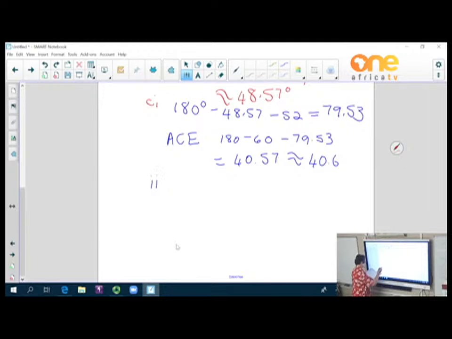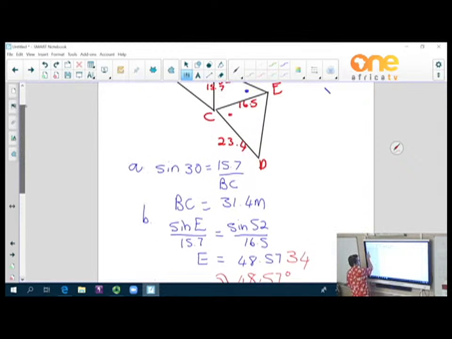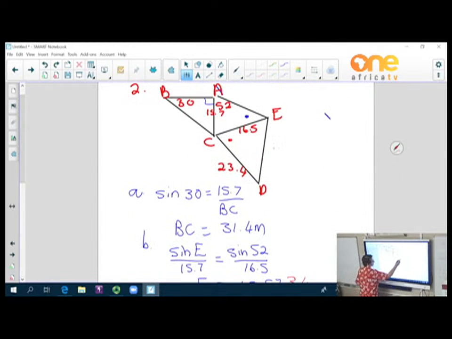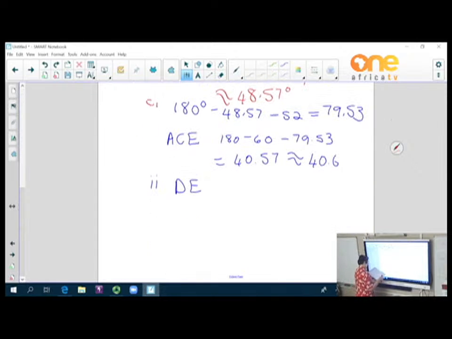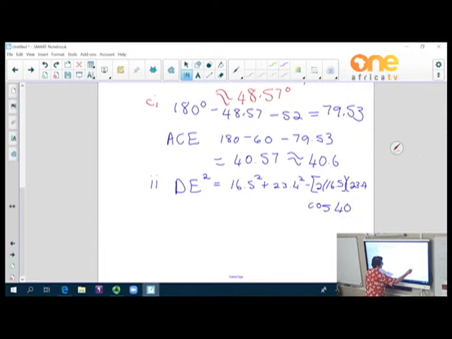Then number C2, now they want us to find DE. They want us to find DE. Let's look again at the sketch. So this is what we want to find, DE. And I use the cosine rule here. DE squared is then 16.5 squared plus 23.4 squared minus, in brackets, 2 times 16.5 times 23.4, and the angle that we are using is cosine 40.6 degrees, the one opposite the side.